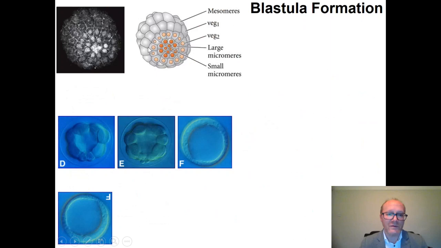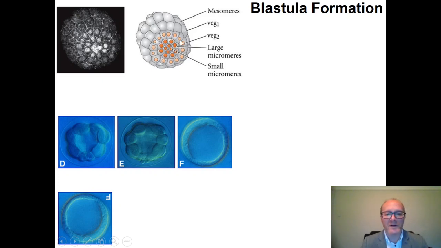Now, this is a view of the sea urchin from the bottom after another stage of cell division. And it is interesting because, again, the mesomeres divide meridionally and produce cells of the same kind of size. So on top there you see the mesomeres of a similar size.